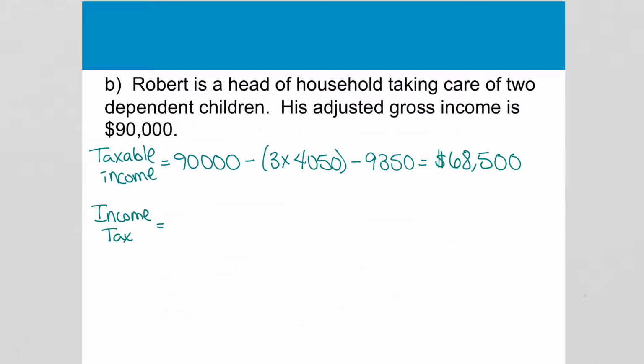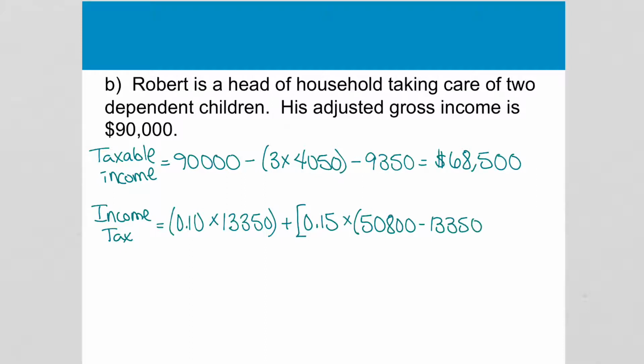So, 10% of $13,350. I got that back from the table, okay? 15% of $50,800 minus $13,350. Both of those are from the table.